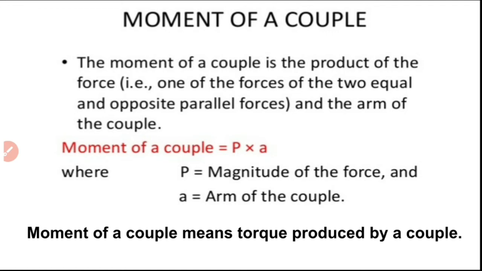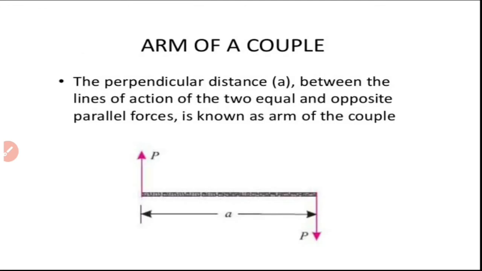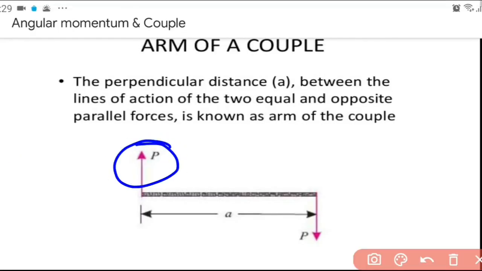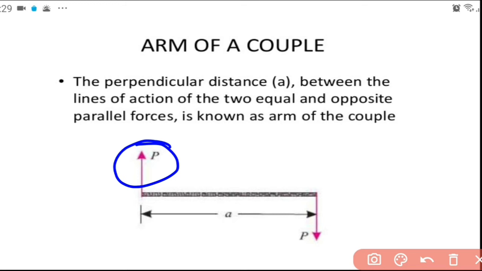One of the forces in the diagram we represented as P, and this distance we wrote as A. So the moment of the couple, or torque, these two words are alike. That means moment of a force and torque are the same, as we already discussed.